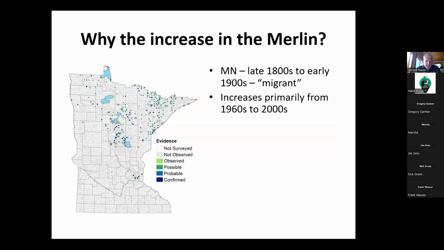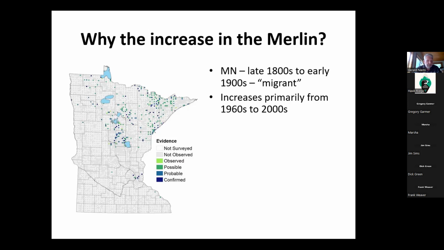I should back up to say that the only place Roberts had reports of the species nesting as of the early 1930s was some Merlins nesting up on Lake Saganaga, up the Gunflint Trail, and I think they were all in Canada at that point in time. So he had never recorded a breeding Merlin in the state of Minnesota.